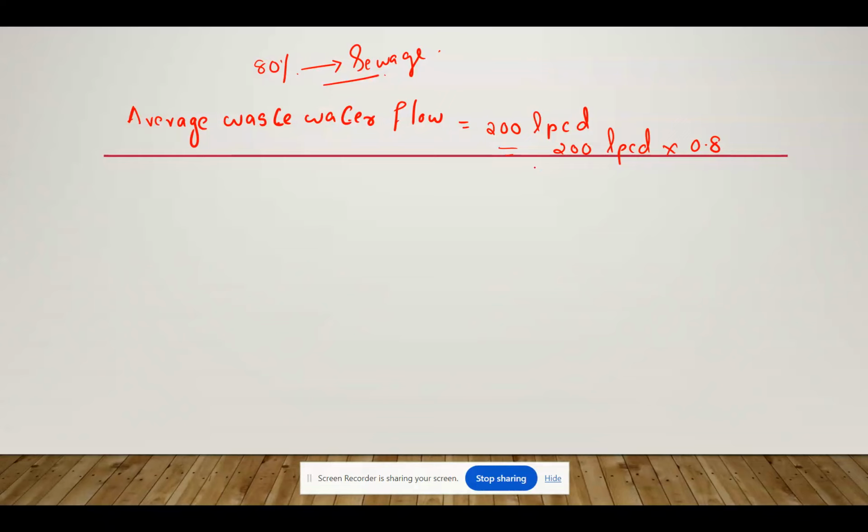So this is the average flow of water, and from this particular amount, 80 percentage is going into the sewage. So you are calculating by multiplying the percentage with the average water flow. Then first of all, you can convert this into MLD, that is 200 into 10 to the power minus 6 MLD, million liters per day. Then you multiply with 0.8. Then what value do you get here?